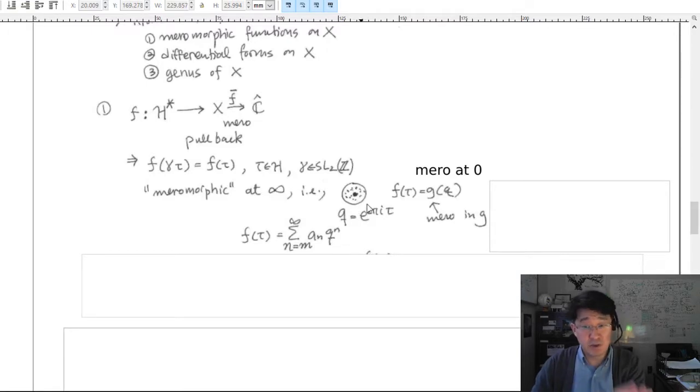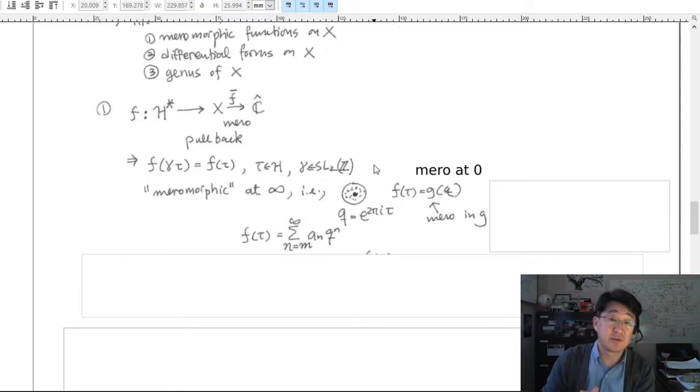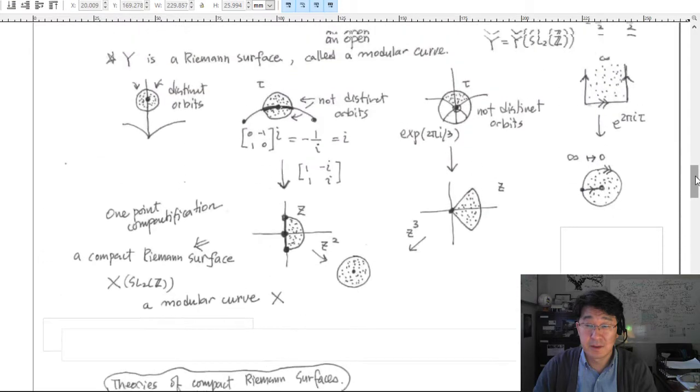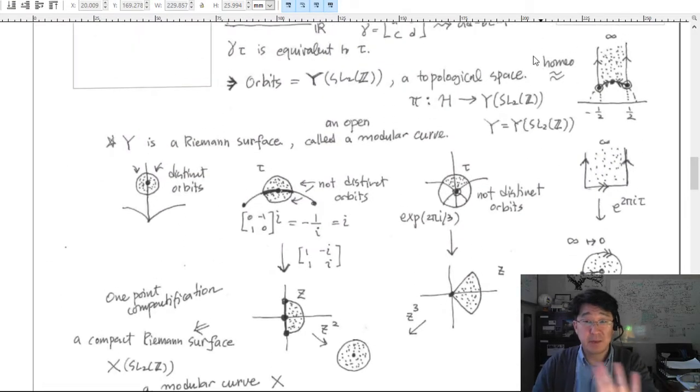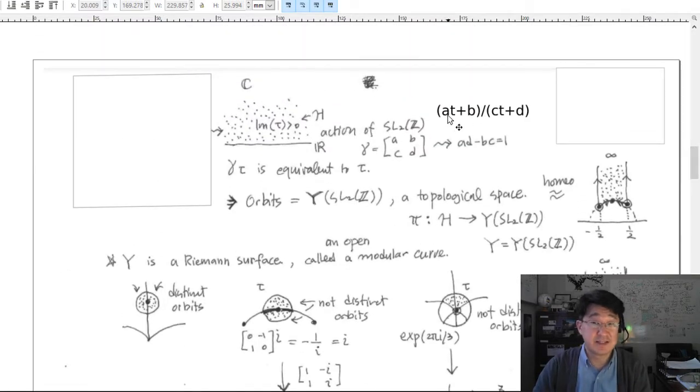So if you think about this open neighborhood, this entire thing without that central point 0 is one-to-one to this vertical strip up there, and horizontally we have many copies if you want to consider H star as our domain, and the function is periodic in that because of, I mentioned, that is tau goes to tau plus 1, that's the shifting by 1, and that's one of the SL2Z elements.